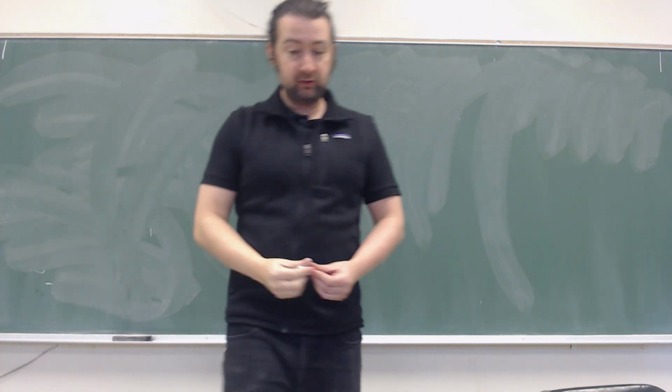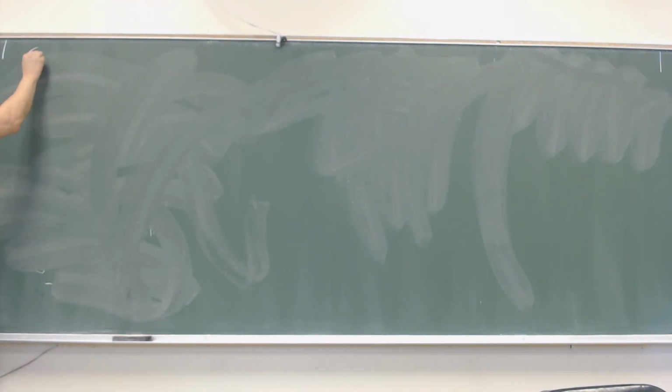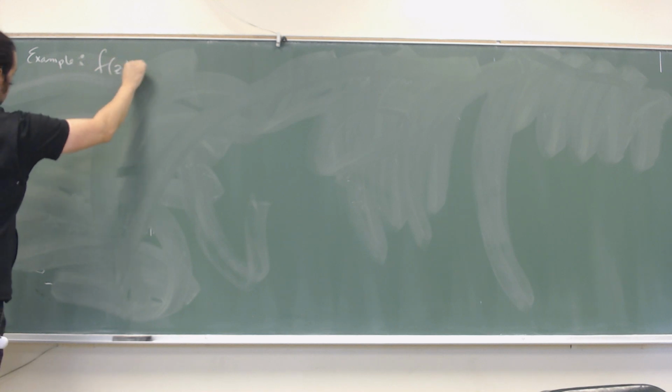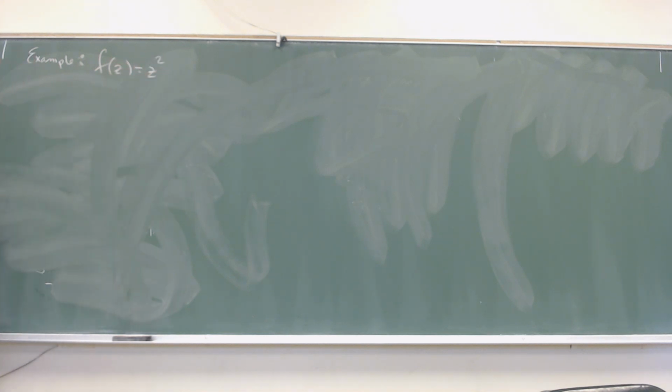Okay, so let's start with an example. Let's look at the function f of z equals z squared. One thing we didn't have time to do last quarter was talk about how you visualize what one of these things is doing.